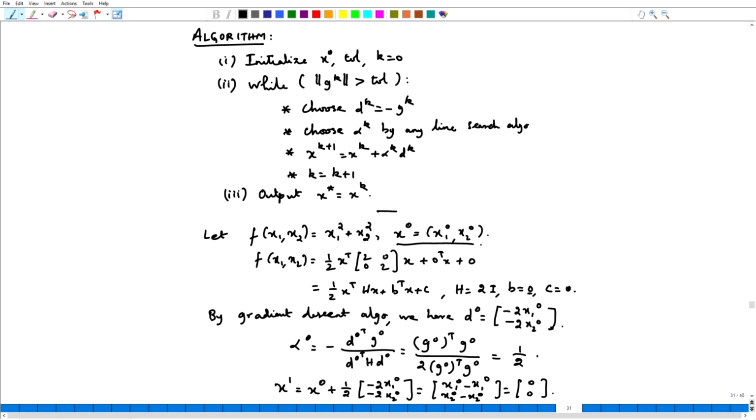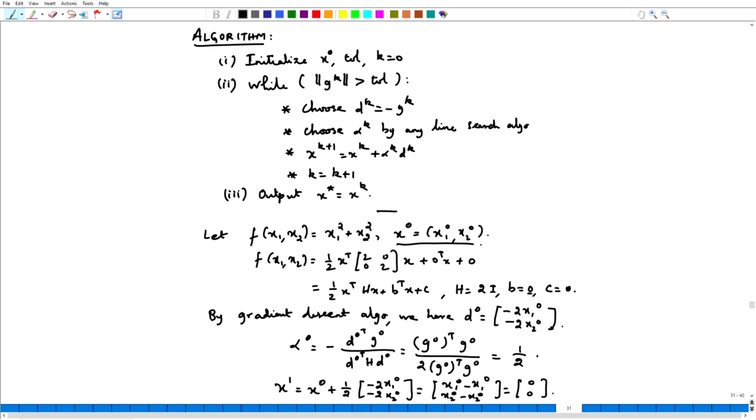That is wonderful, because we started with an arbitrary initial point and applied the gradient descent algorithm, and in the first step we got 0 comma 0, the right answer. The minimum of x 1 squared plus x 2 squared is 0 comma 0. We applied the algorithm only once and got the right answer.